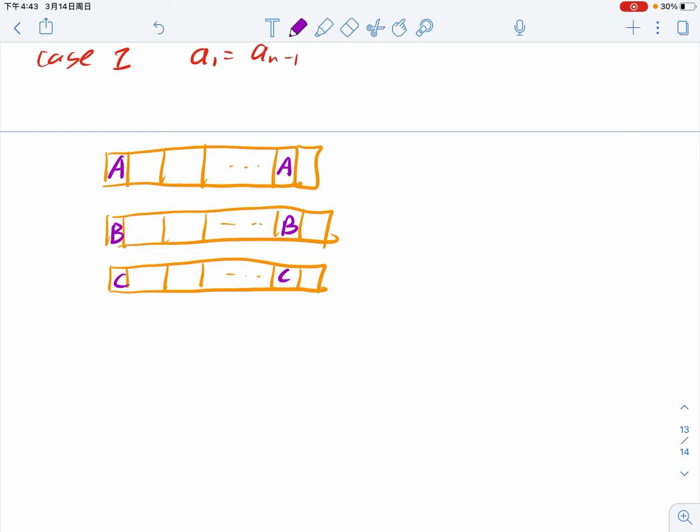And then you noted that for the last position, you can fill in B, C, A, C, A, B, 2 letters. And before it, if you consider the first n minus 2 letters, there will be such a sequence according to n minus 2.